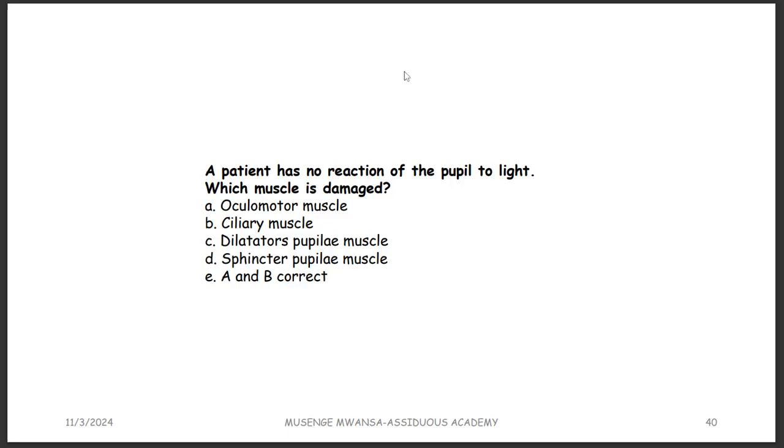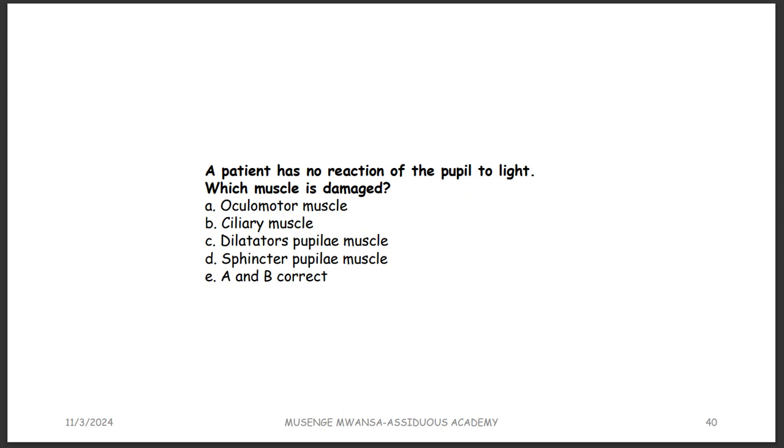A patient has no reaction of the pupil to light. Which muscle is damaged? Oculomotor muscle, ciliary muscle, dilator pupillae, sphincter pupillae, A and B. Anyone that can help?